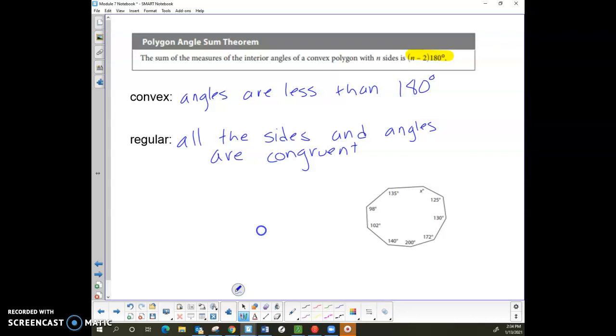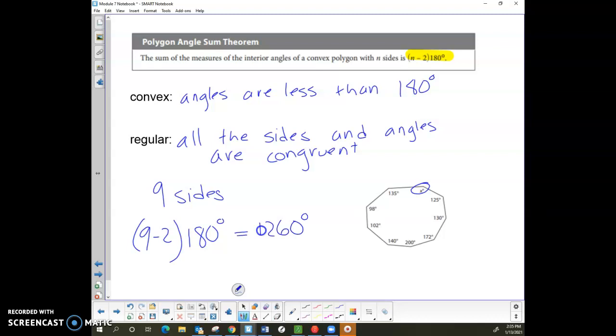All right, so using this theorem, I have a shape here that has 9 sides, and I need to find the value of that missing angle. So I'm going to use this formula. I'm going to take 9 minus 2 times 180 degrees. So 7 times 180 degrees gives me a total of 1260 degrees inside this 9-sided polygon.